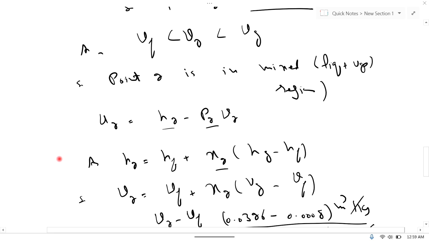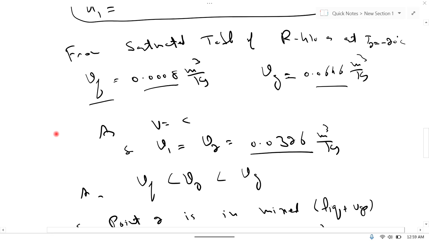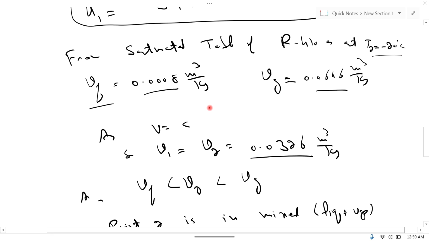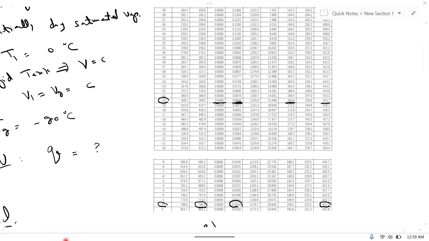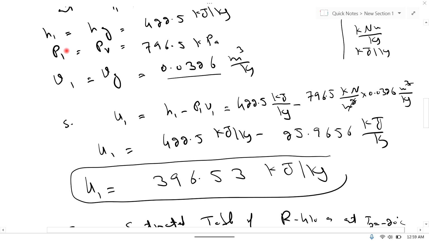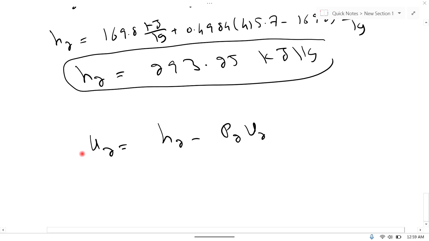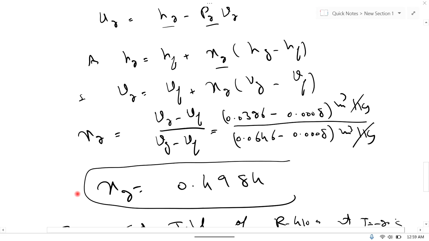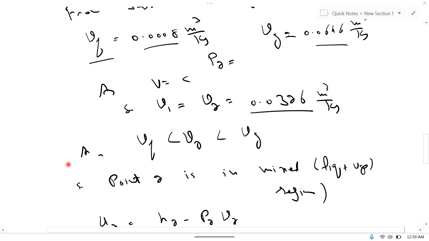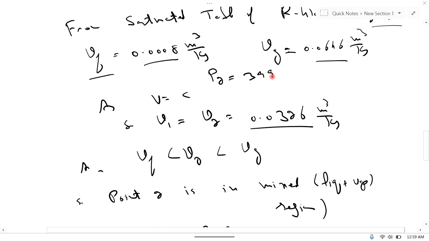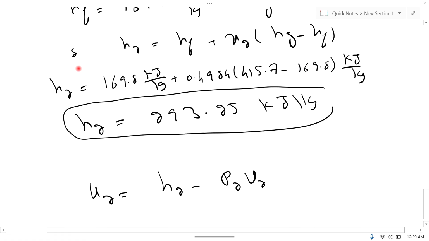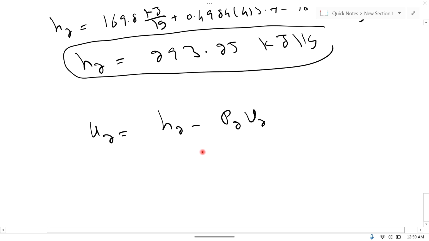At temperature equal to minus 20 degrees centigrade, P2 is 399.5 kilopascal.